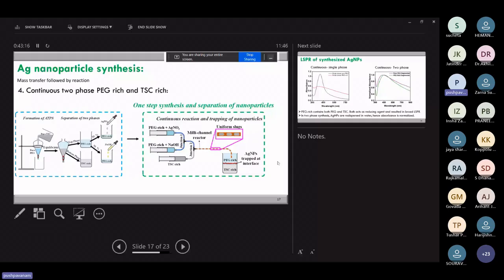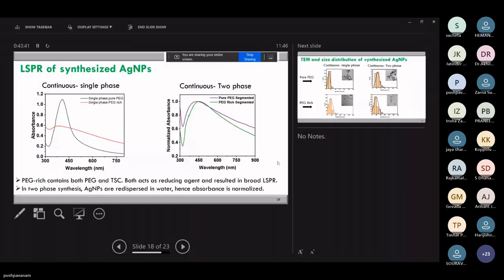Otherwise, these silver nanoparticles are going to be in the bulk, and then I have to figure out a way by which I can take them out, or I have to use them as they are in the liquid. And because I'm not using any organic liquid, I can use this for bio applications, for drug delivery and things like that.